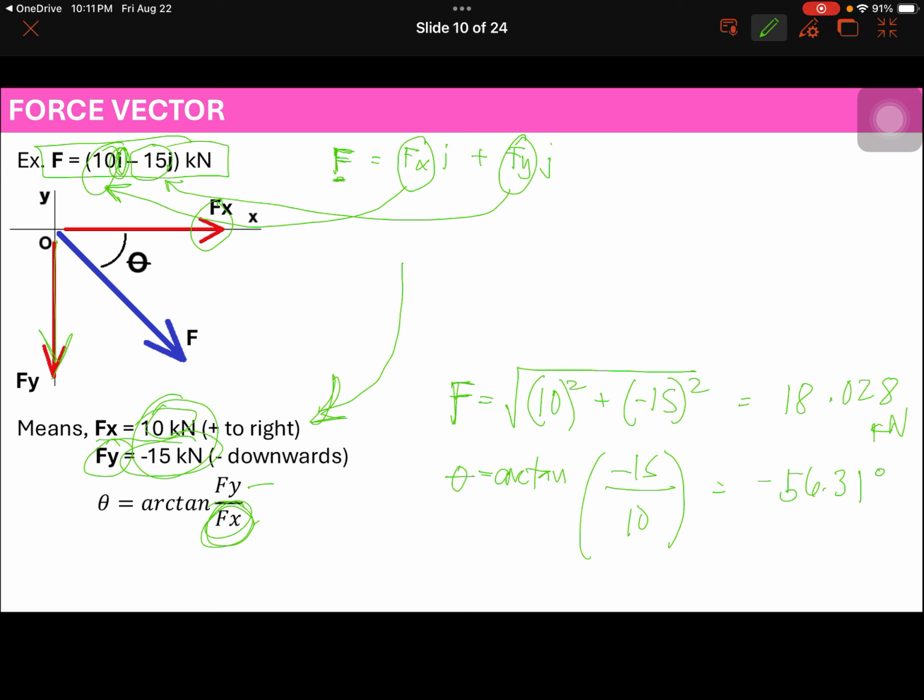So, kung i-graph mo yun, this is 18.028 kilonewton and your theta is negative 56.31 kasi it's clockwise, kaya negative. Negative means below the horizontal. So, your theta is 56.31 degrees.